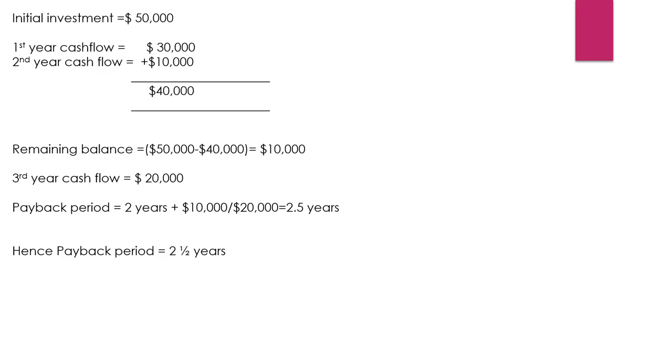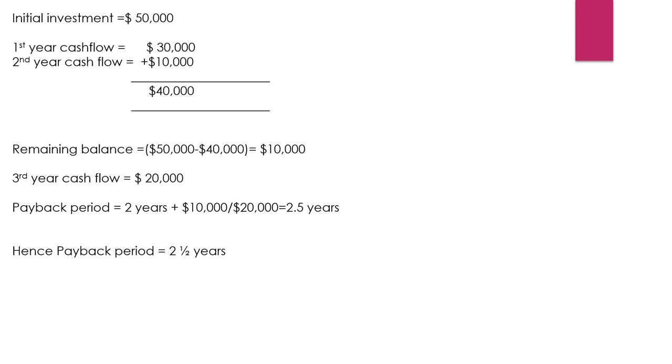In order for us to calculate the payback period, in the first 2 years, we already got $40,000. So we will write 2 years plus the remaining balance, $10,000, divided by $20,000, which is the cash flow for the third year.